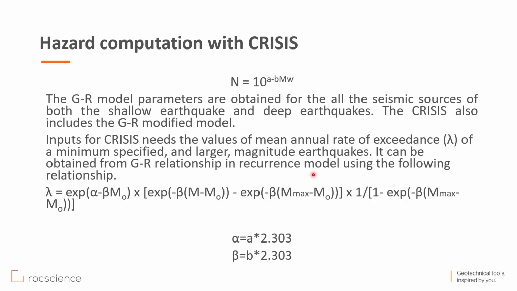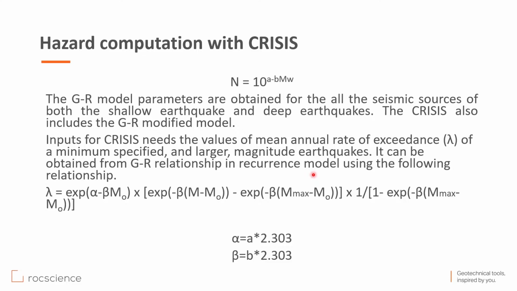The required input data for CRISIS are the geometry of the seismogenetic sources, the seismicity parameters of the sources, and the ground motion prediction equations for seismic intensities. Each seismogenetic source can be represented by means of different geometrical models, such as areas, lines, or points. But as I mentioned, we use just areas.